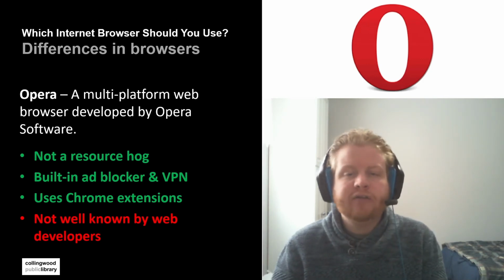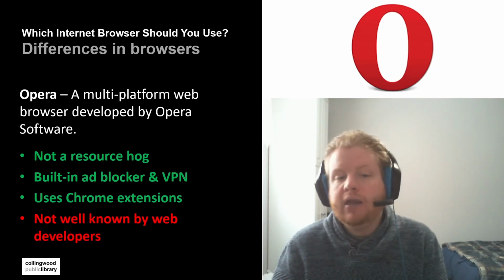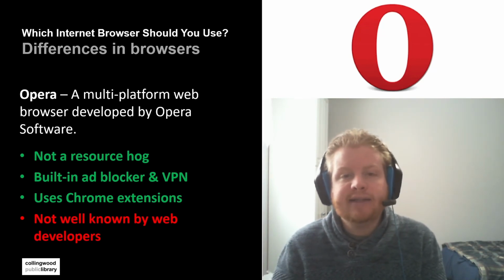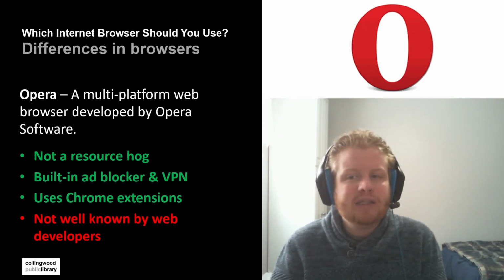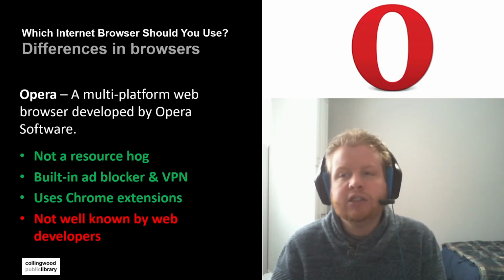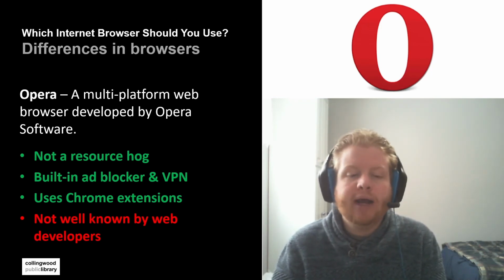It runs very fast. It actually does have already a built-in ad blocker and a VPN. So if you want to hide your identity or your location, it already has that as a standard. It uses Chrome extensions. So if again you want to play around with customizing it, you can. So some of those Chrome extensions you can use for this browser.